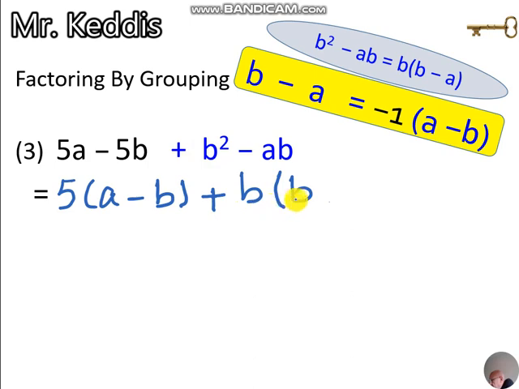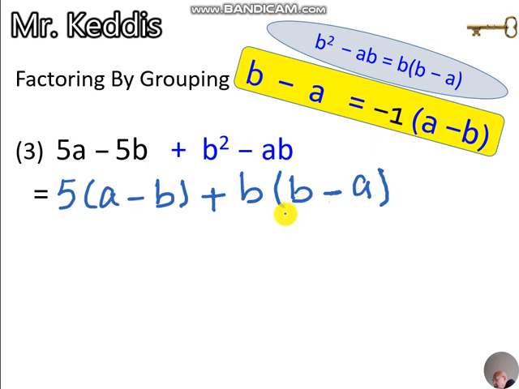Positive b times negative a, you get negative ab. But this is ab here, and this is b minus a. This is not the same. I have to switch this to a minus b. To switch this to a minus b, I have to multiply it by negative 1.